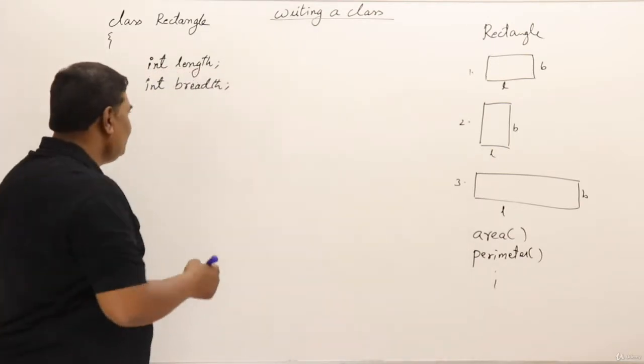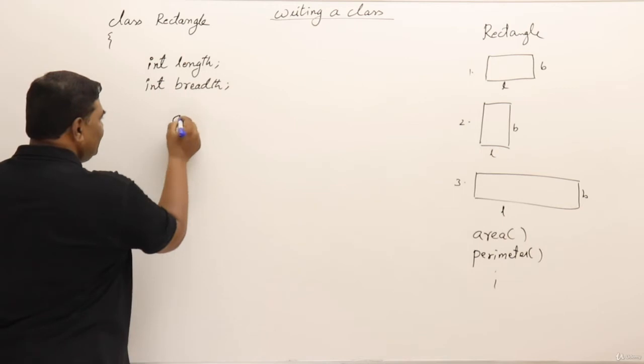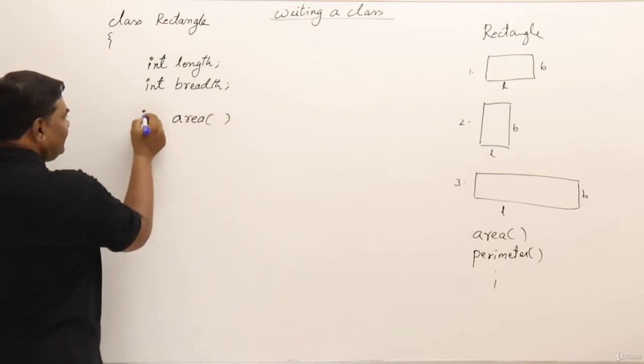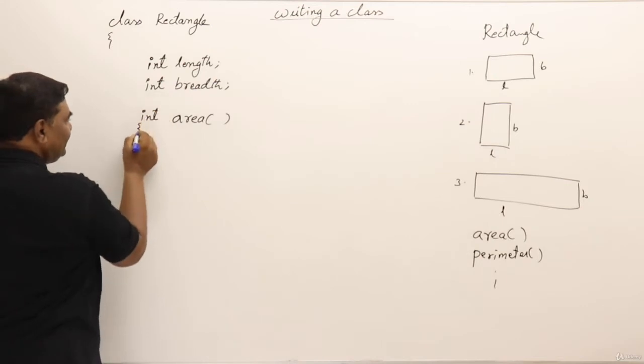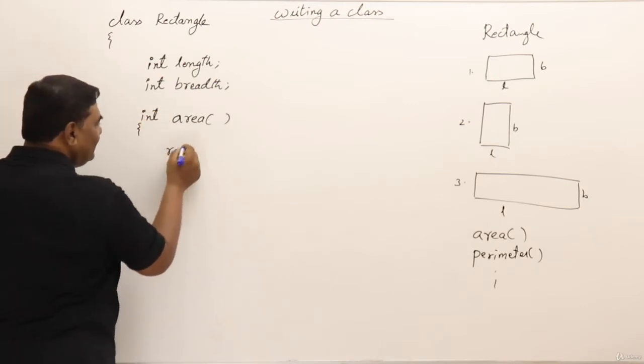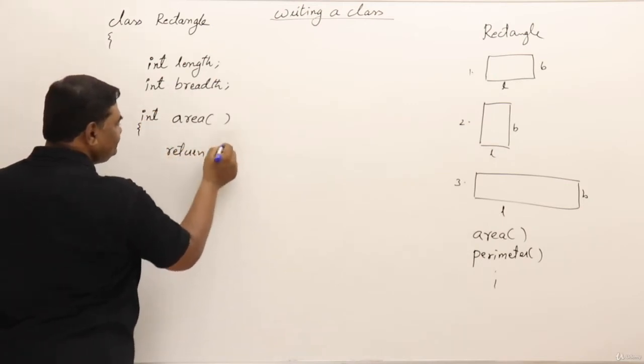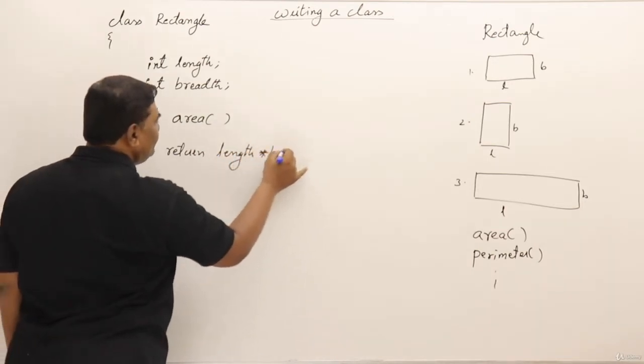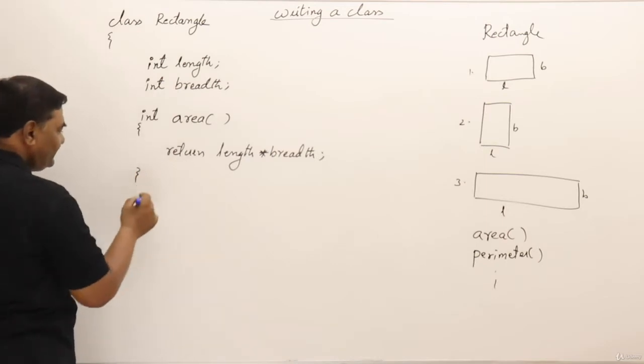Then these are the two functions. I can define them here. One function name is area. It will calculate area and return an integer type value, that is area. How to calculate? Return length into breadth. This is the area function.